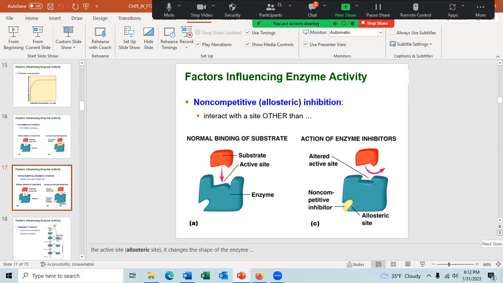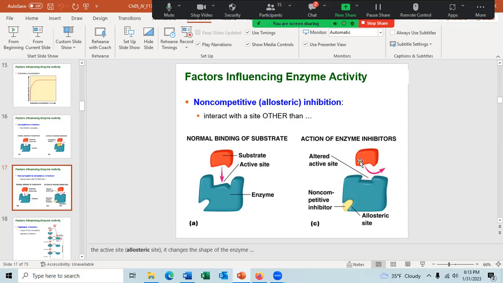A non-competitive inhibitor is similar. It's just that the non-competitive inhibitor binds to the enzyme at a site other than the active site. And when it binds to the enzyme, it changes the folding pattern of the enzyme, and now the active site can no longer bind to its substrate.